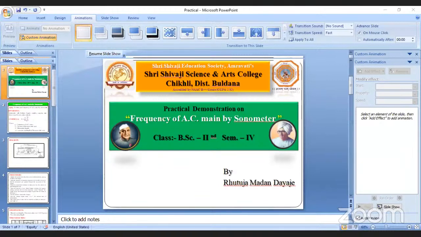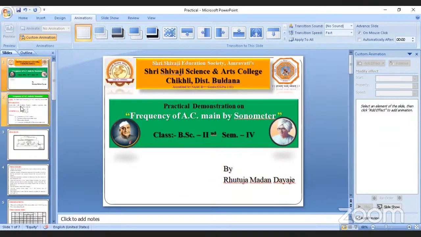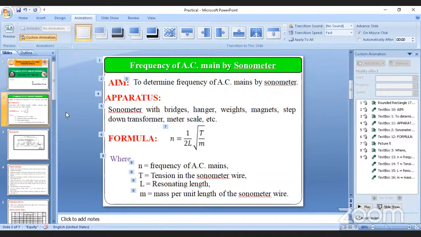Close this slideshow and start once again, sir. Sometimes it takes time. Close it and start again, sir, then it runs. Try pressing F5 once. Okay sir, this will also work.